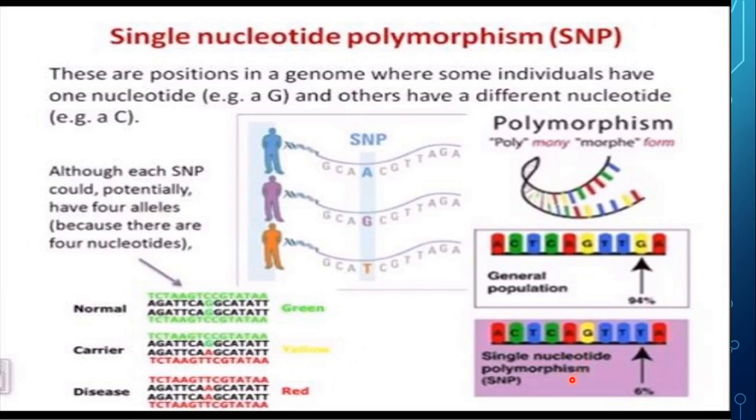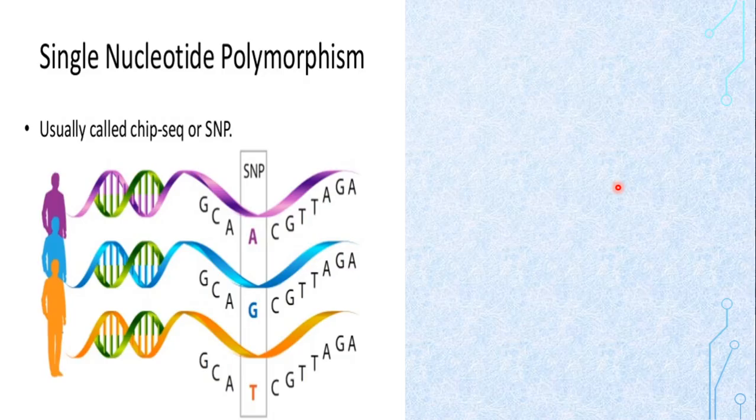Single nucleotide polymorphism, so at one base it is differing. Or it may be the other way around, there will be more people, like in a third person again it might be C, and in a fourth person it might be A. So they will differ in this way.